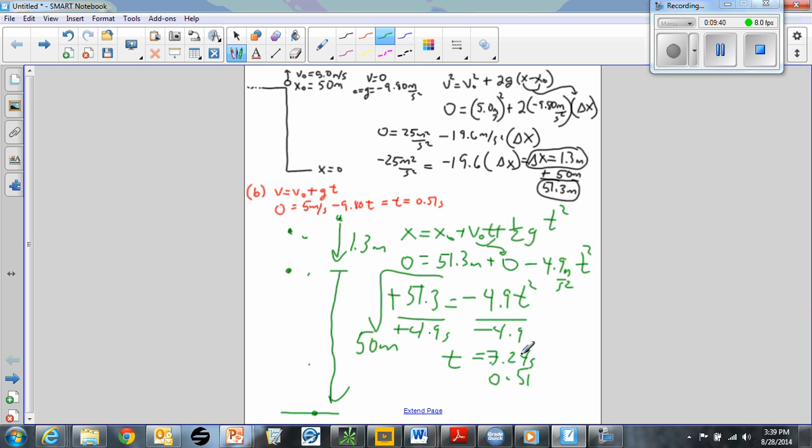So 3.24 seconds is how long it takes to fall from 51.3. But if I want total time, I have to add the 0.51 to that also. So that's going to actually be 3.75 seconds total. If I just want to know how long it takes to fall from the top, then it's 3.24. And that's how you do that problem. Hope that was helpful.